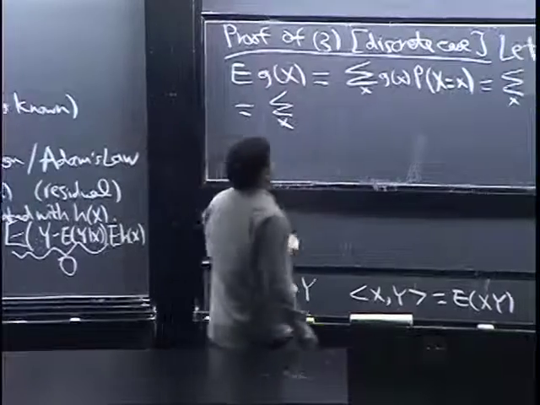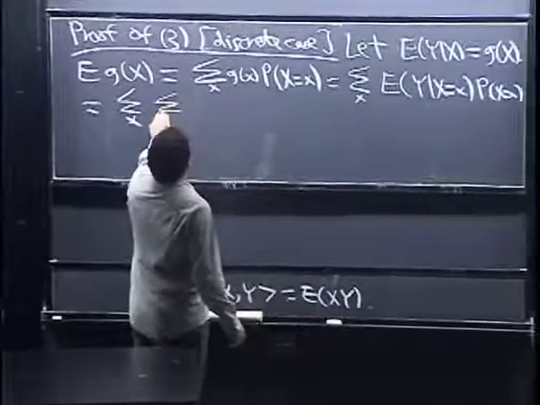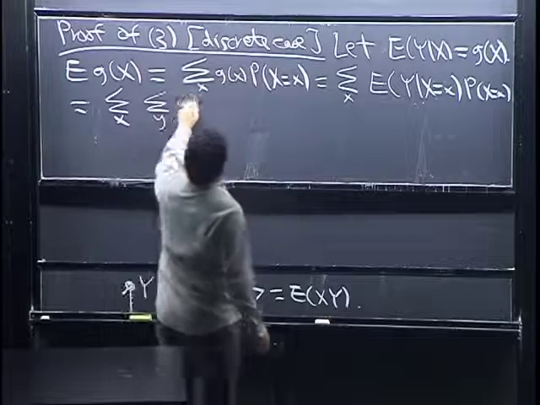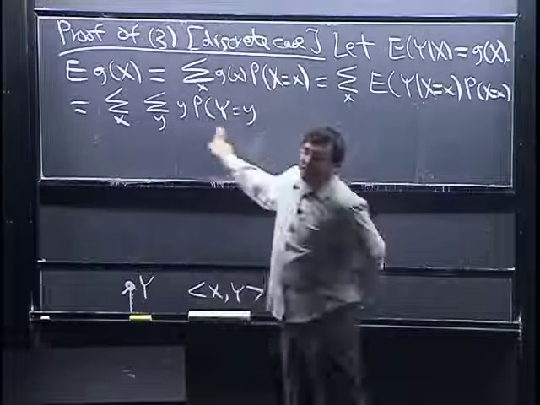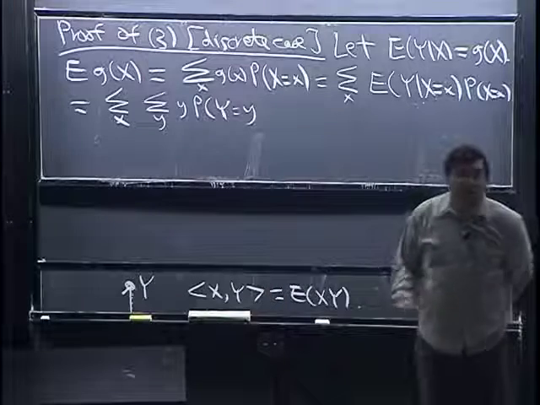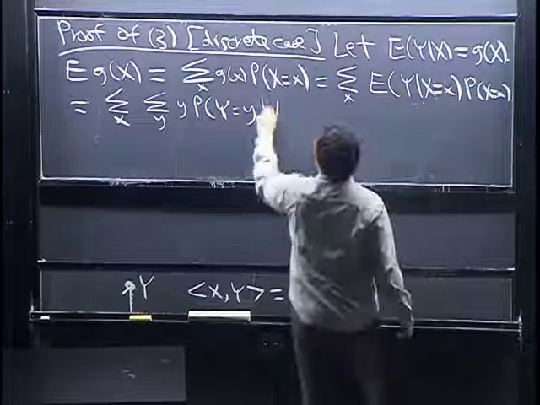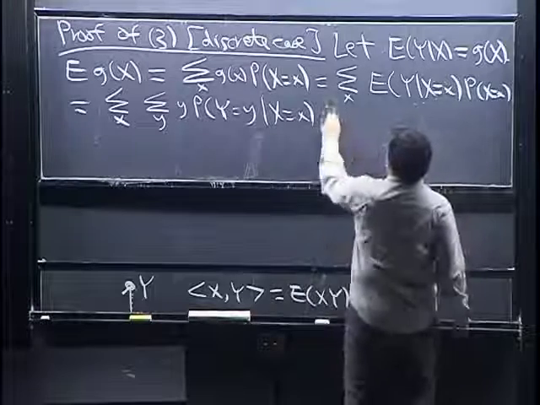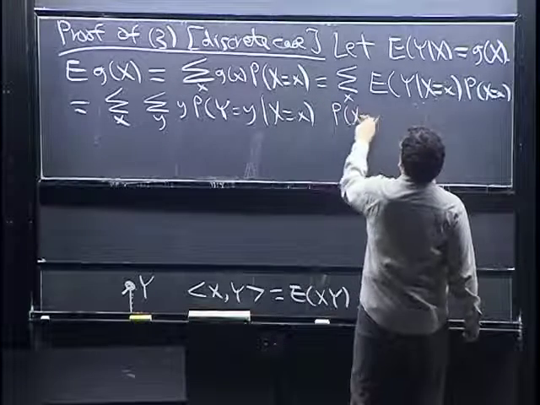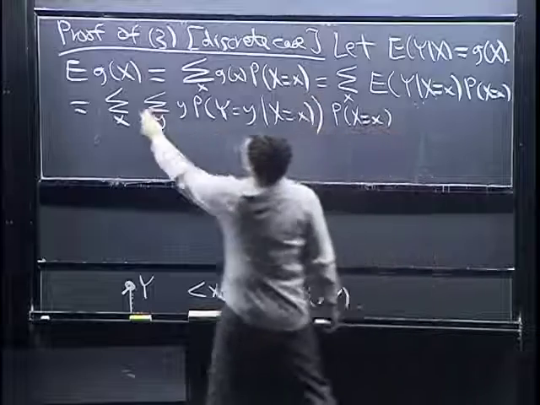So I'm just going to write down that the definition is just y, right? If we're unconditional, we would just do P of Y equals y here, right? That would just be E of y. But it's conditional, so we just put given X equals x, right? And then we have this probability X equals x here, which is outside of that sum.